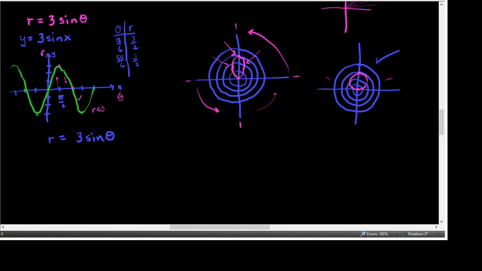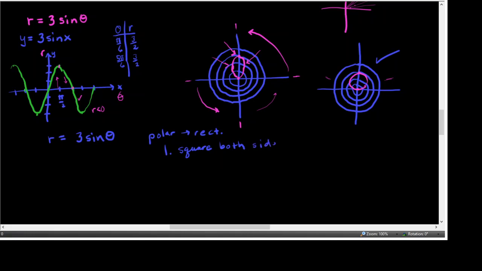So I have two tricks to go from polar to rectangular. Two tricks that are really helpful. And by the way, going from rectangular to polar, you'll reverse these tricks. If it helps with whatever you're doing, you can square both sides of the equation.